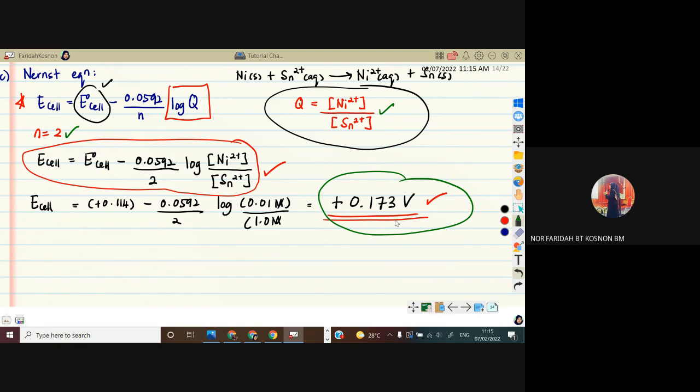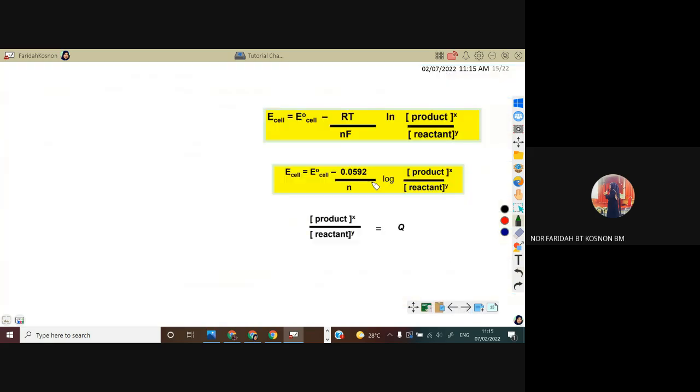Okay, but this is one of the learning outcome yang you kena tahu. Students should be able to explain the factors that affect the E cell. Okay, dalam syllabus memang ada. Okay, jadi saya bawa awak kepada persamaan ini. Okay, ini adalah Nernst equation lah. Okay, so kalau you tengok kat sini, E cell ni actually dia sangat dipengaruhi oleh faktor concentration.